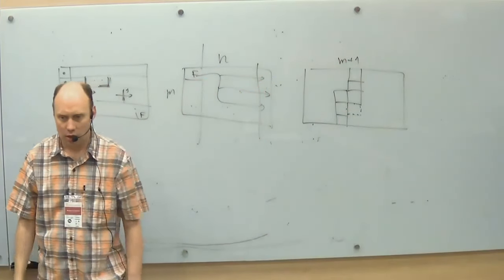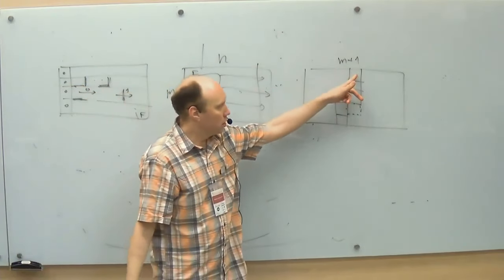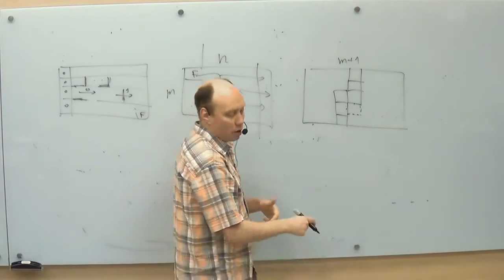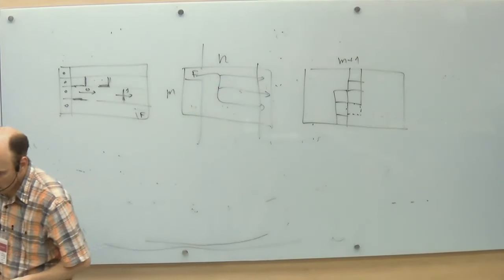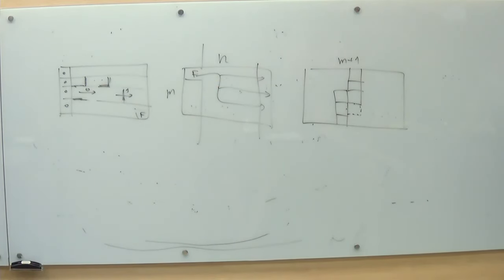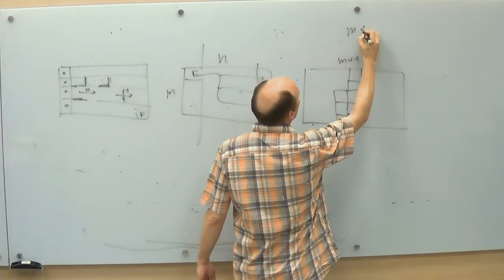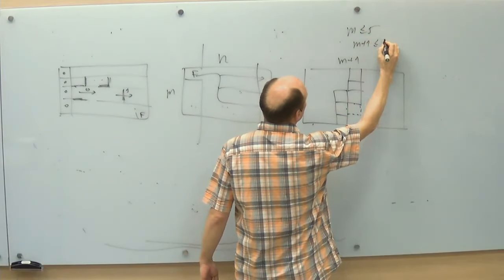So we say that the shortest path to this cell, to this cell, to this cell is this and this. M is at most 5, if I remember correctly, or 6, something like that. Let me check. Yes, M is at most 5. So m plus 1 is at most 6.